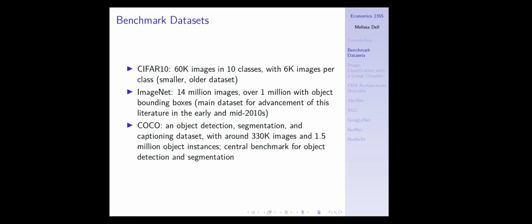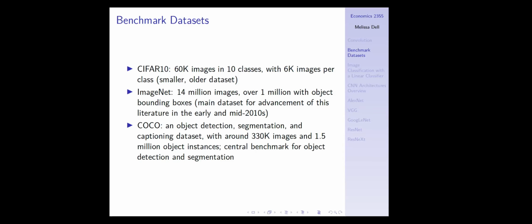And this was used especially in the days before very deep networks, when you didn't need such large data sets. You'll see it come up a lot. The second one is ImageNet. That has 14 million images. Over 1 million of those images have object bounding boxes. The rest just have an object class.